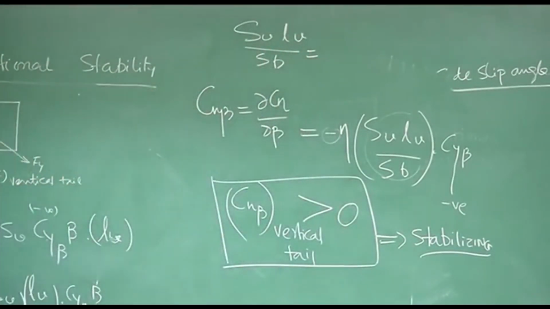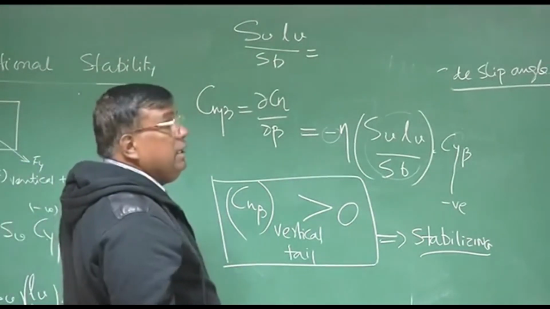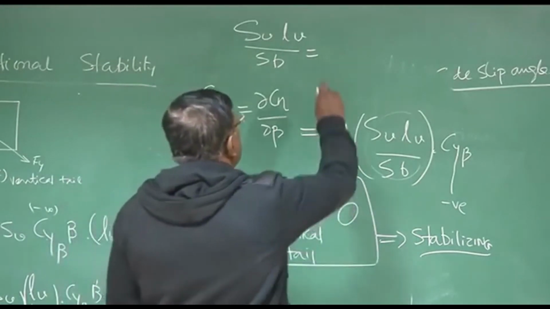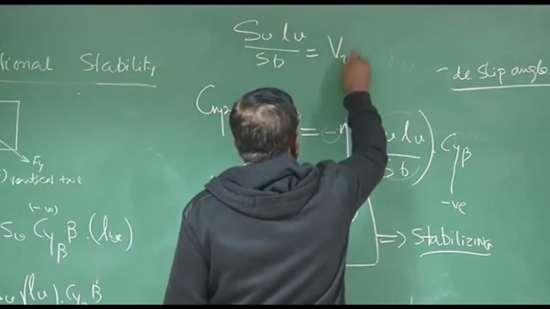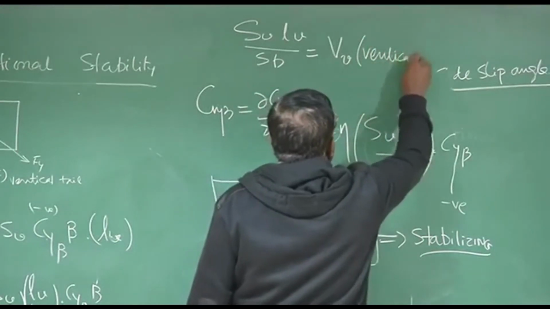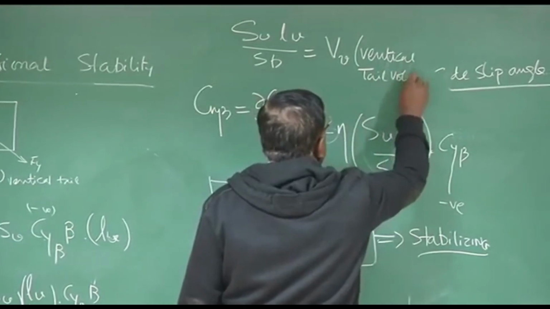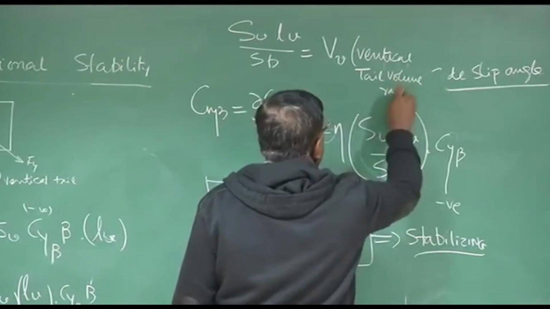Does it help you in thinking something similar happened in the longitudinal case? That was ST, LT by S C bar. So, that time it was called horizontal tail volume ratio, and this is called VV, that is vertical tail volume ratio.